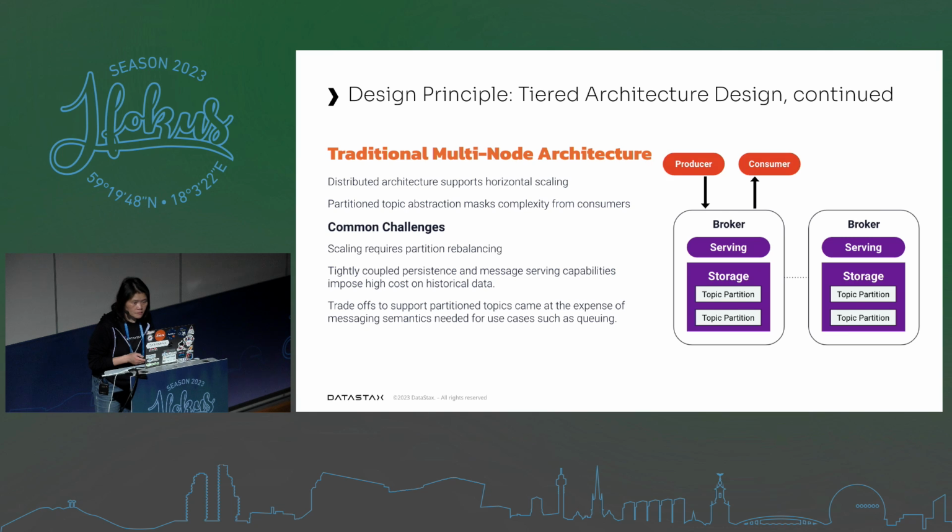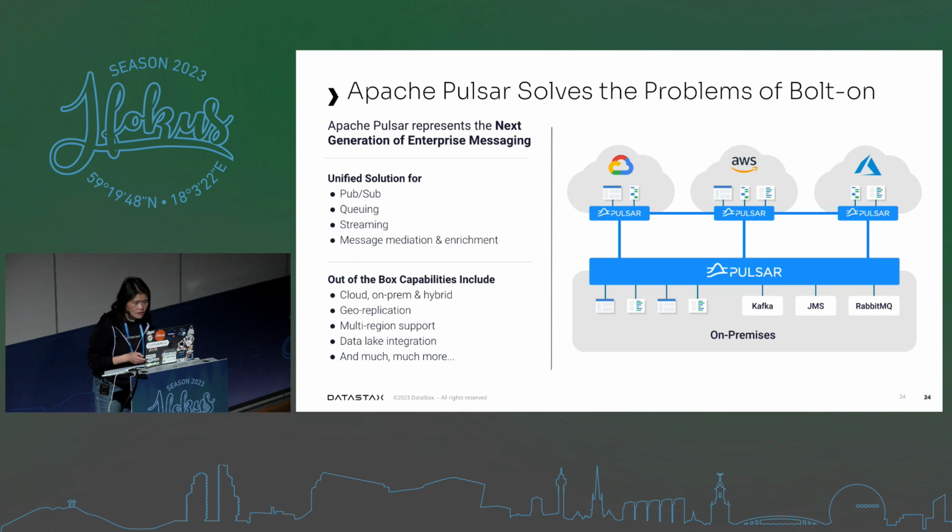I won't be spending as much time on this because I wanted to highlight a bit. I know we're supposed to be talking about CDC, but I just want to give you an idea that Apache Pulsar is really the next generation of enterprise messaging and a unified solution for PubSub, queuing, streaming, and message mediation and enrichment.